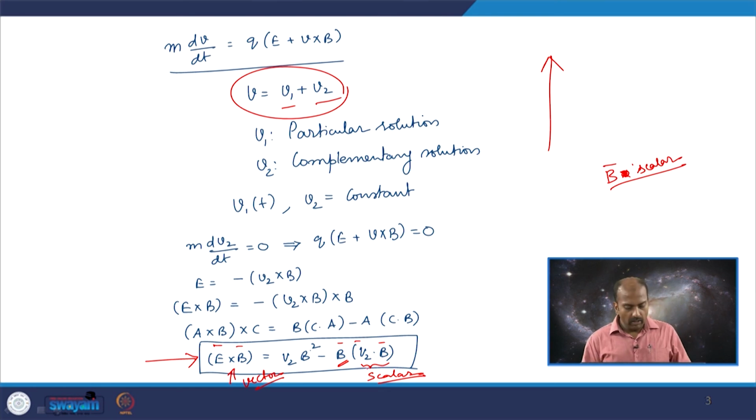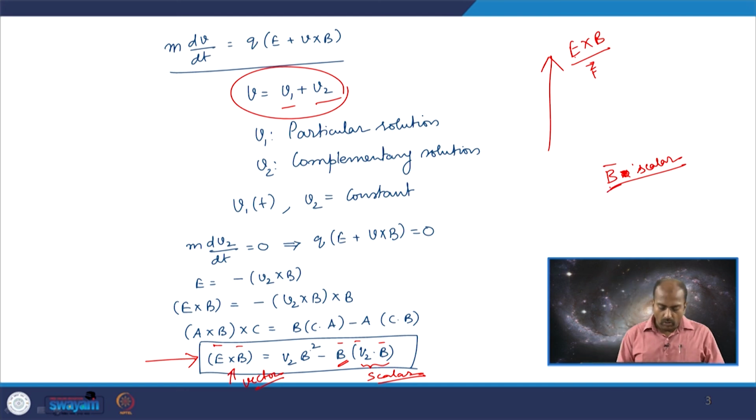So, this will not be in the direction of E cross B. Let us call this vector F. This vector F will be in such a direction which is perpendicular to E as well as B, right. That means that it will certainly not be in the direction of B. So, when you are talking about the direction of E cross B, this term can be neglected, need not be considered.